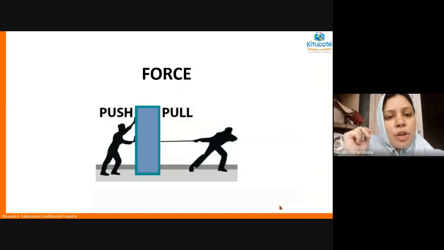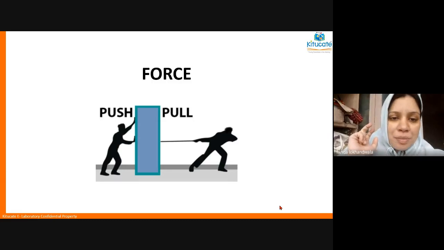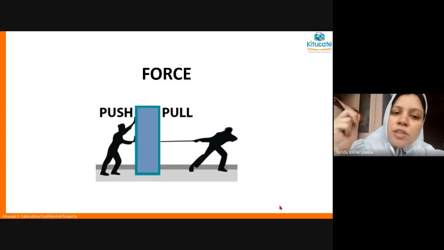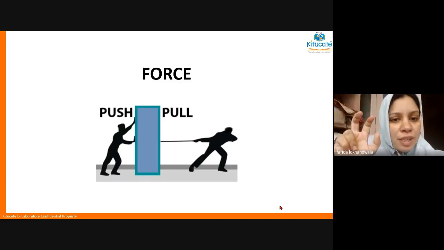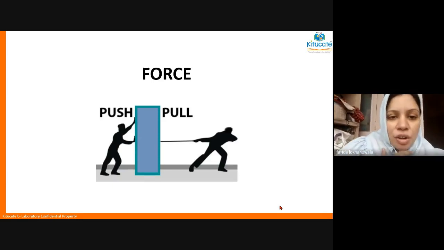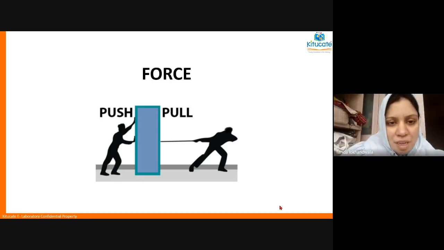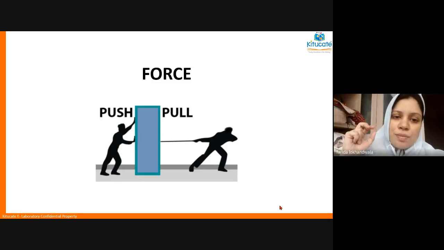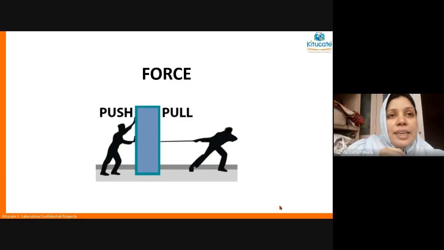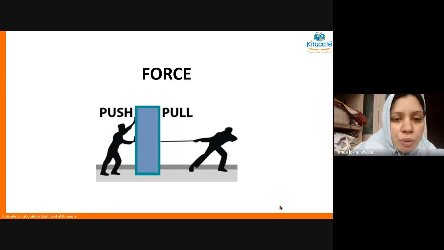Either you're pushing something or you're pulling something, meaning it could come towards yourself or go away from yourself. So basically the energy that is in yourself that you're using to move something would be called a force.